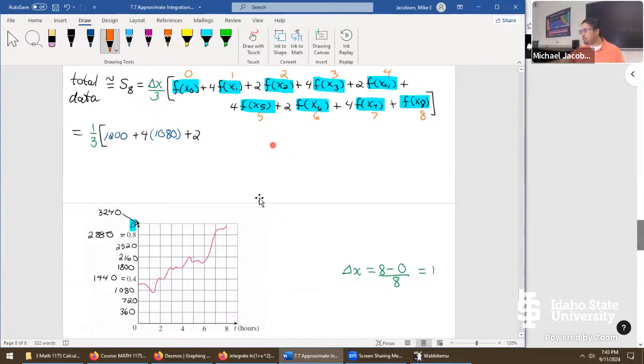So next, we're at 2 hours. This one looks to be about 1440. Then plus 4, I'm off to 3 next, and at 3, this one's close to 1800, it looks like. So now up to 4.